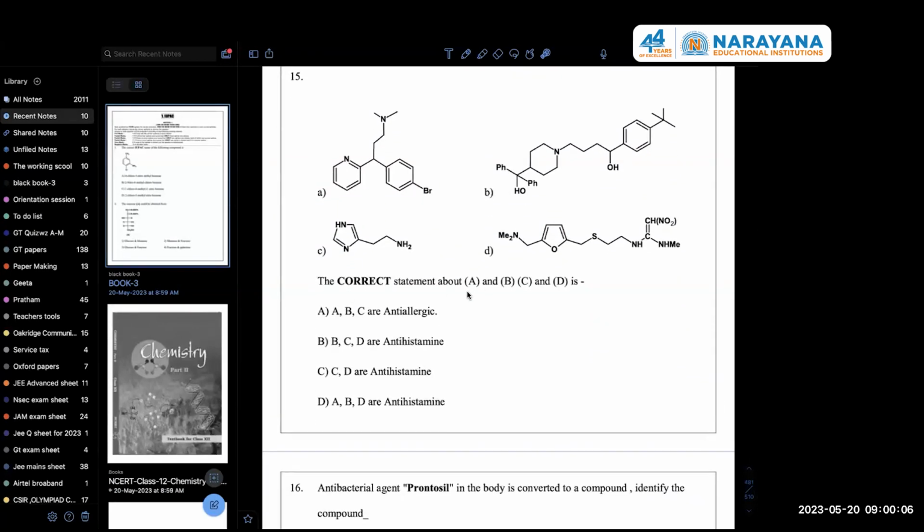Correct statement about A, B, C, and D. Which one? D. A, B, D are antihistamine. Tell me what you are saying.